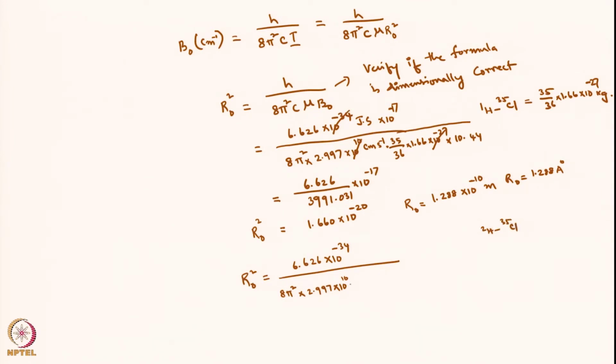That will be nothing but into 70 divided by 37, because 2 into 35 is 70, 2 plus 35 is 37, into 1.66 into 10 power minus 27, into the rotational constant, 5.39 centimeter inverse. If I do the math, R naught will be equal to 1.286 angstroms.